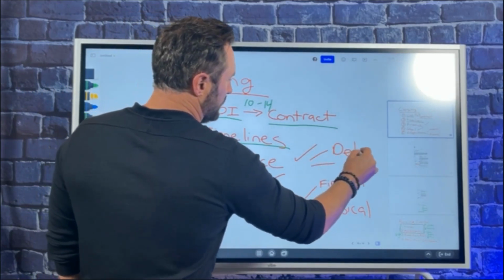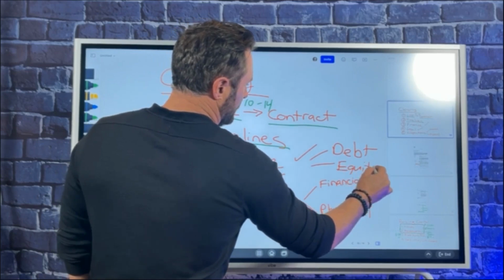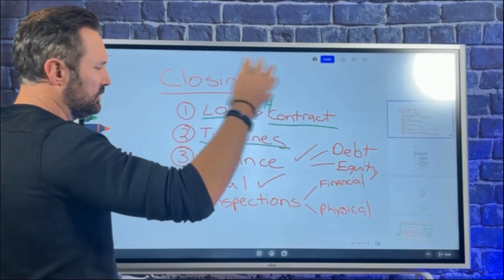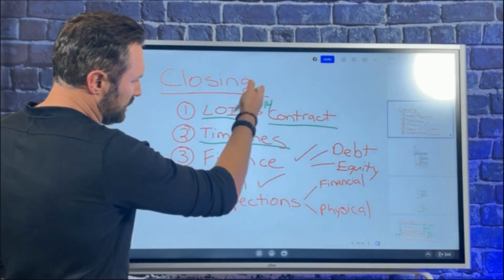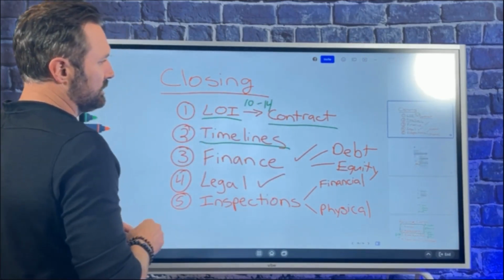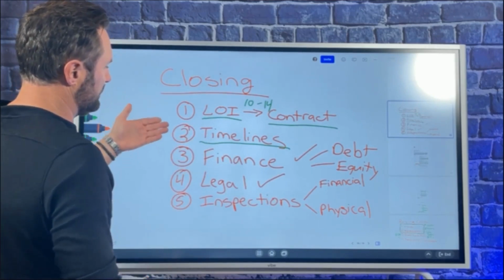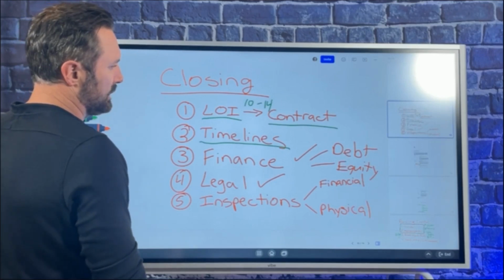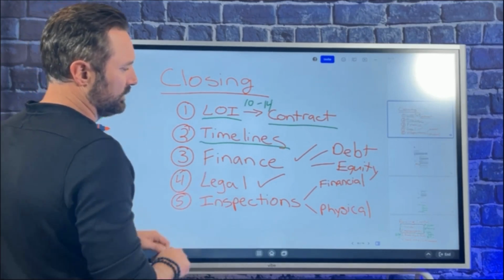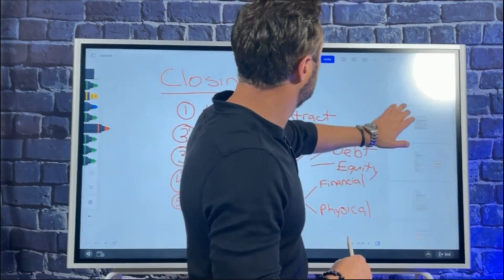So you're pulling your loan together and you're pulling your equity together all during that timeline. But 60, 90 days to do all of this. Doing some legal, your inspections, all that stuff is going down in the closing phase. So these are kind of the steps of your closing phase: letter of intent, timelines, finance, legal, inspections. And we provide all the templates and documents and everything for that. But that's kind of your closing process.